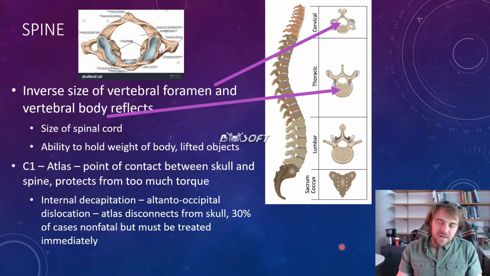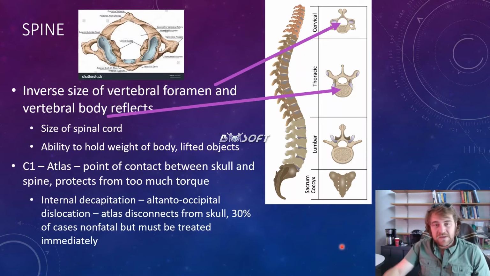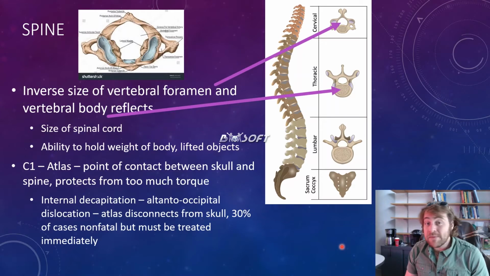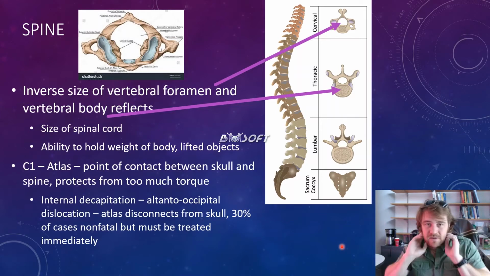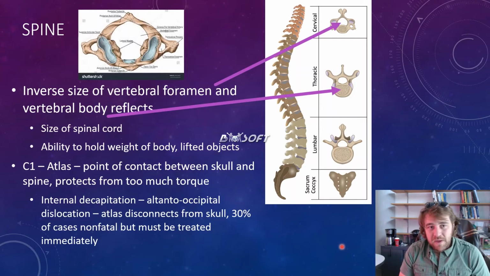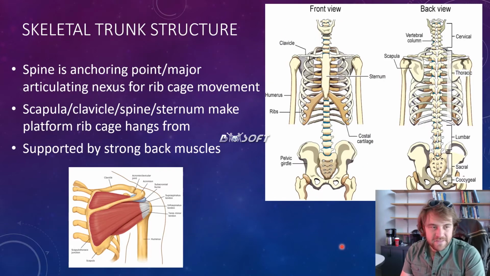So about 30% of the cases are non-fatal, but those non-fatal cases need to be treated immediately, immobilized first, and then treated to artificially attach the skull back onto the spine until healing can take place. But healing is a sort of a long process of that kind of injury as well. But anyway, that's the atlas.